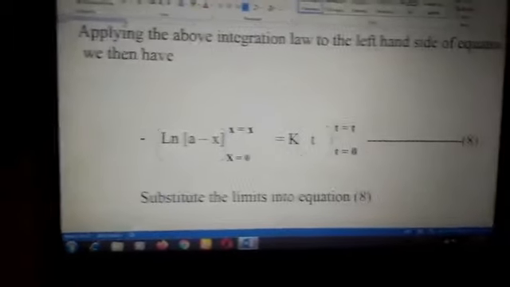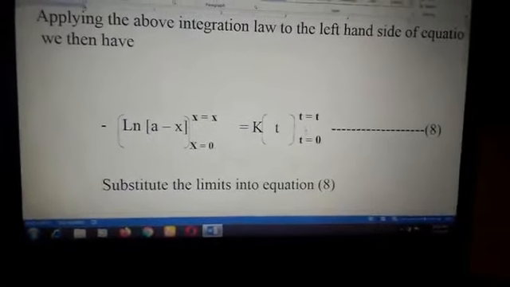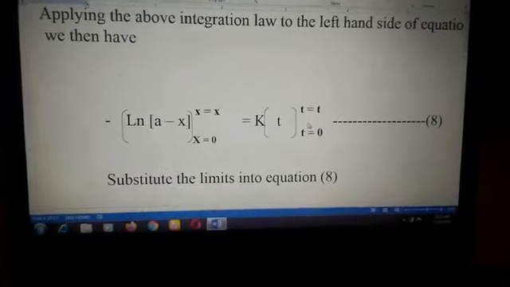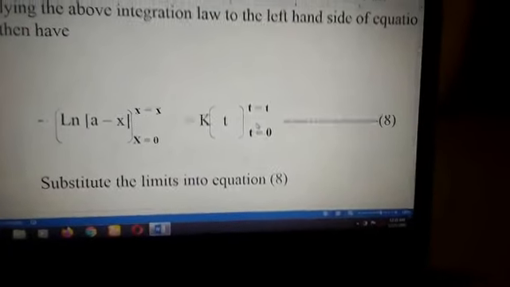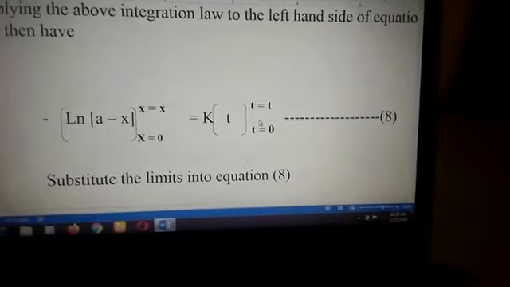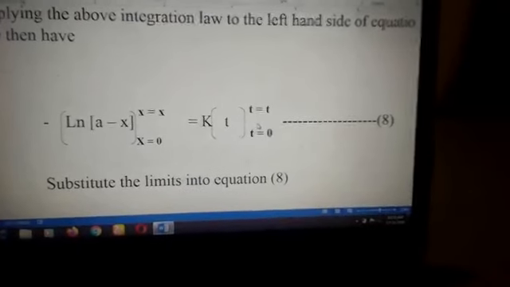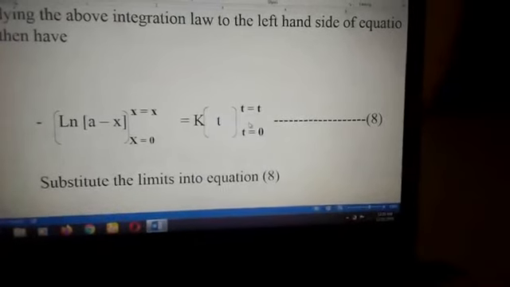Then the boundaries or the limits you are integrating, remember from initial, s is equal to s and s is equal to 0. Then the right side, what do we integrate? Integrate dt, you get t. And then k is outside the integration sign. You now have k multiplied by t, taking the boundaries or limits, t equal to t and t equal to 0.